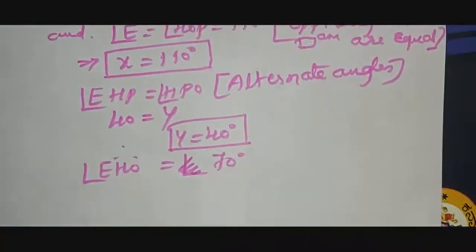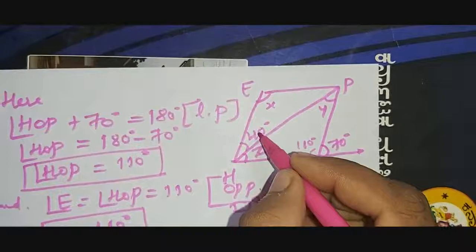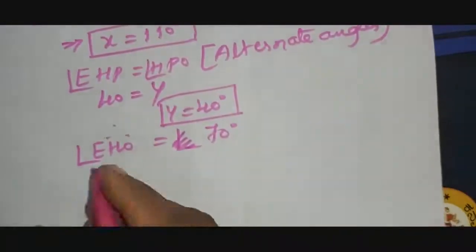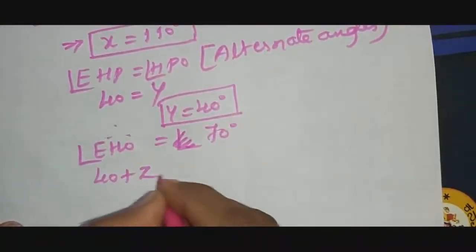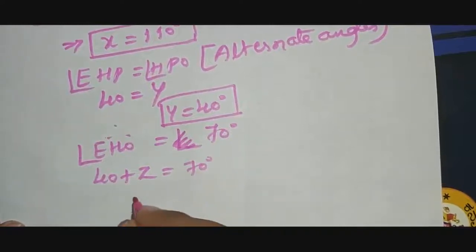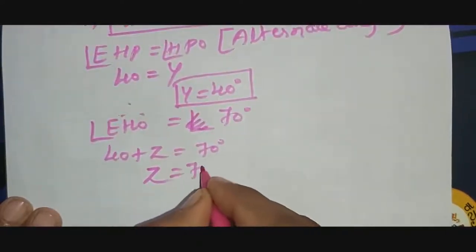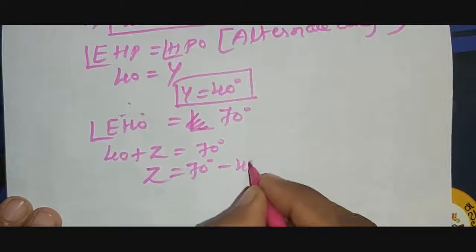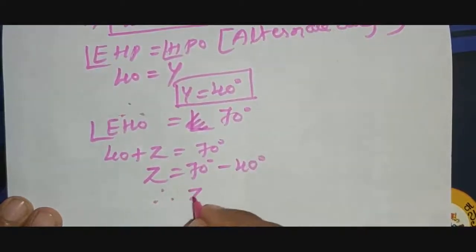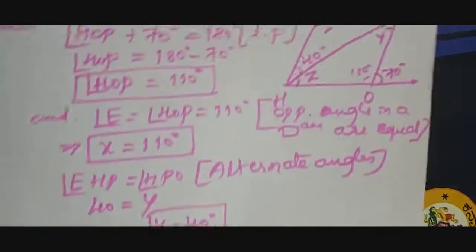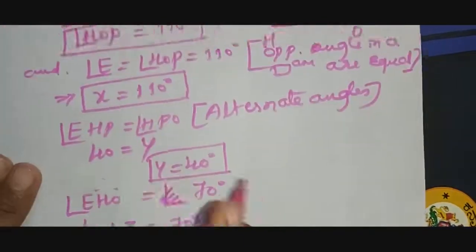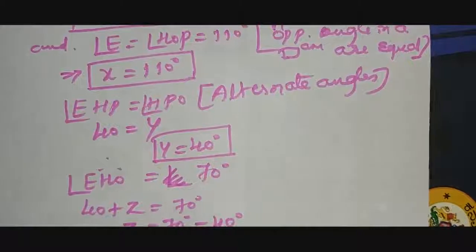Here EHO can be written as 40 plus z. 40 plus z is equal to 70 degrees. Therefore, z is equal to 70 degrees minus 40 degrees. Therefore, z is equal to 30 degrees. So we got the values of x 110 degrees, y 40 degrees, and z 30 degrees.